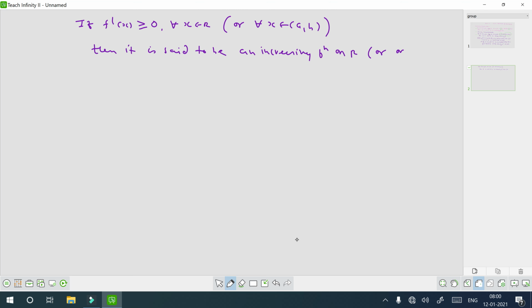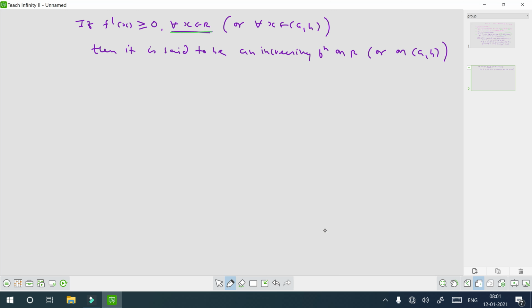If f dash x greater than or equal to 0 for all x belongs to R, or for all x belongs to open interval AB, first derivative is non-negative, then it is said to be an increasing function on R or on open interval AB.